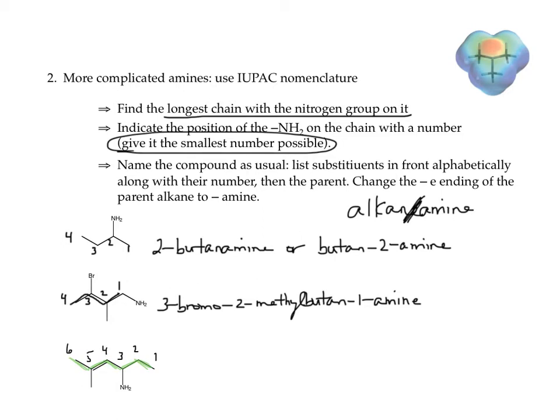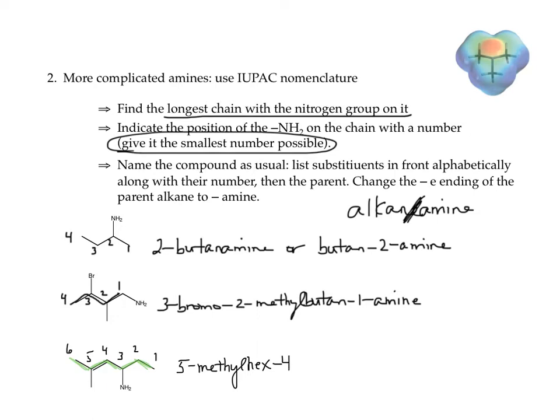So it's going to be based on hexane loosely. There is a methyl at number 5, so let's put that out. It's our only substituent, so we'll put that out front. 5-methyl. Now it's hexane, but there is an alkene, so we're going to go hexene, and so we'll say hex. Now we have to specify where the double bond is.